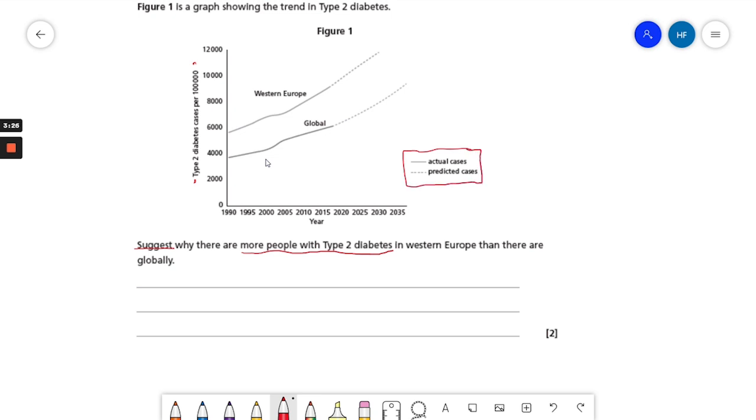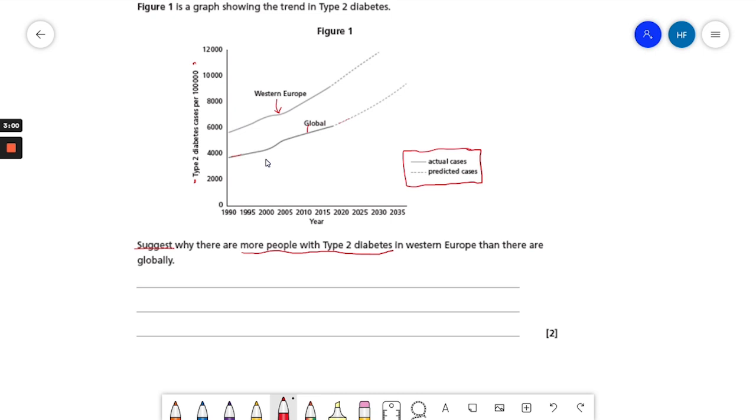So the continuous line, which is along here, is the actual cases, and when we get to the dotted line along here, that's the predicted number of cases. Now the graph also provides 2 sets of data. So you've got this top one here is for Western Europe, and the bottom one is for the global data, so it's the rest of the world.